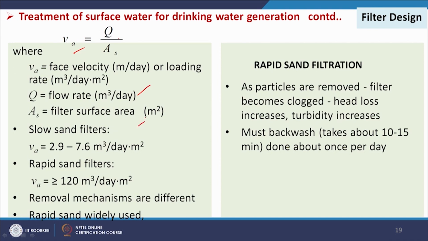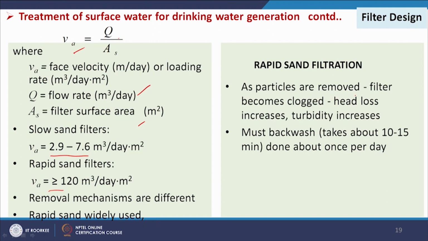In this case V A is normally 2.9 to 7.6 meter cube per day per meter square for slow sand filters, and for rapid sand filters V A is greater than or equal to 120 meter cube per day per meter square. Removal mechanisms are different. Rapid sand filters are widely used.